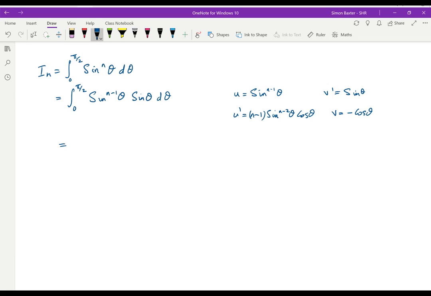Putting those in, uv, that is minus cos theta sine to the n minus 1 theta, minus the integral of v, which is minus cos theta, times du by d theta, which is n minus 1 times sine to the n minus 2 theta cos theta d theta.